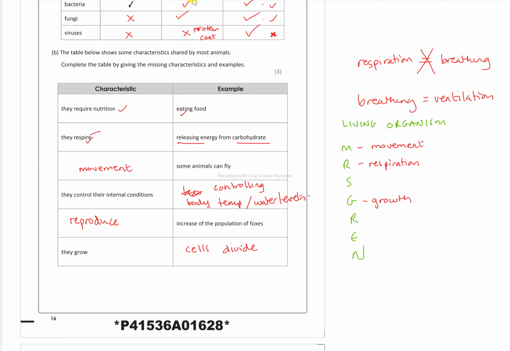That'll come to me. Nutrition. You've got nutrition, movement, respiration, reproduction. Let me write that properly. Reproduction. S and E.